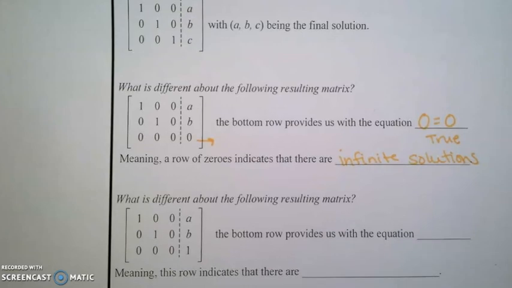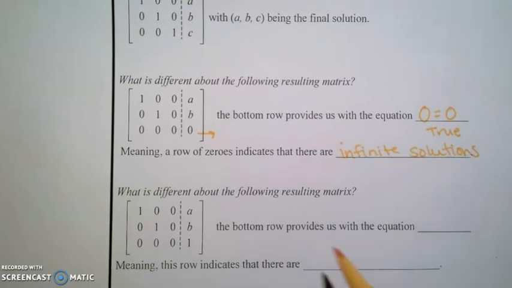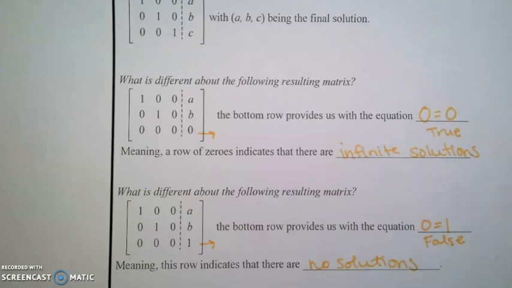And then we have here a matrix that gives us our X value is A, our Y value is B, and this last row gives me that 0 equals 1. Well, that's false. And therefore we have no solutions. Okay, so just like with our 2 variables or our 3 variables by hand, we do have the case of infinite solutions and no solutions still.